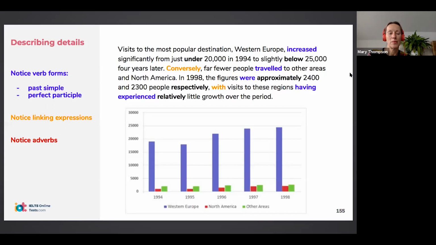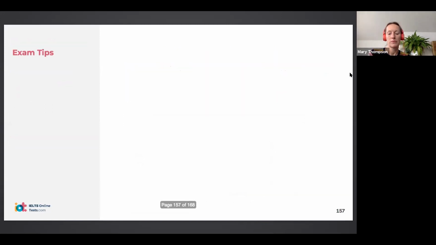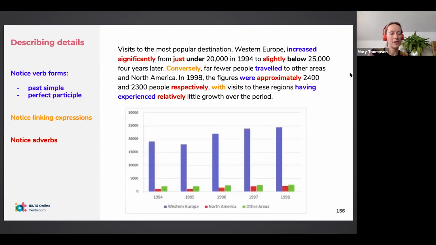And then adverbs, which adverbs can you see? It's quite a few: significantly, approximately, relatively, anything with ly, basically. And then a few others like just, slightly, and respectively. Okay, so that is it, basically.